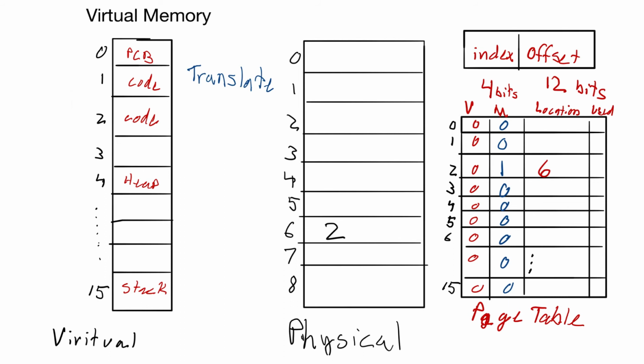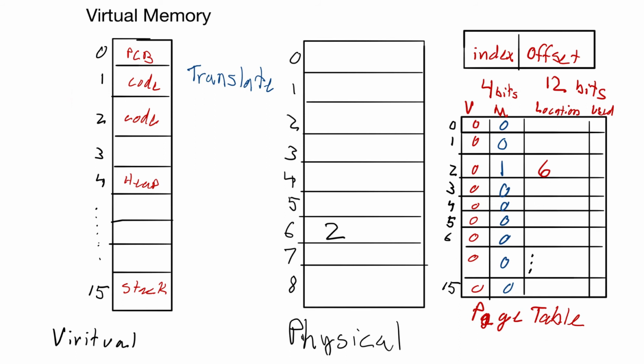Finally, we also have a bit to say whether or not this page has been used, and usually every time the operating system needs to update the page table, it'll update the table and set all these bits to 0, and then as they get used, it'll flip the bit saying that it has been used. That way, the operating system can make better decisions on what pages should stay in memory and what pages should not. But I'm mostly going to ignore this for the rest of this video.